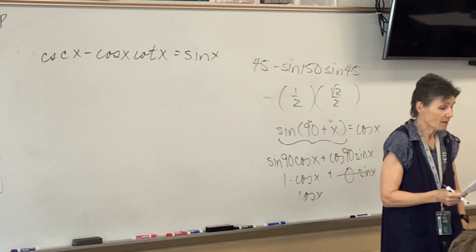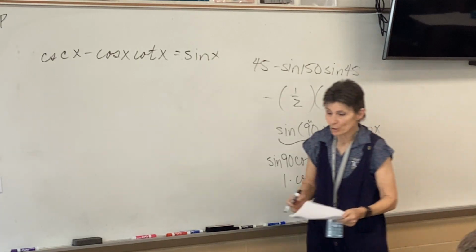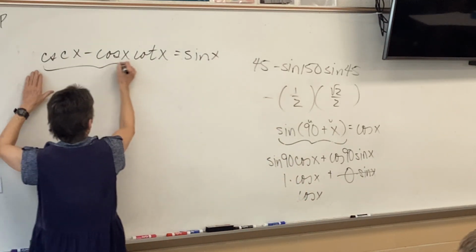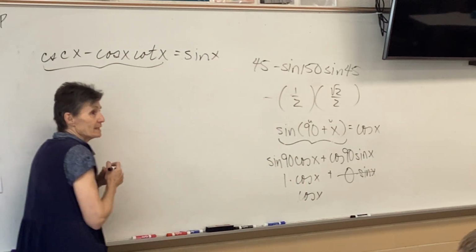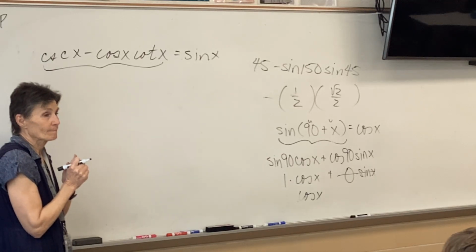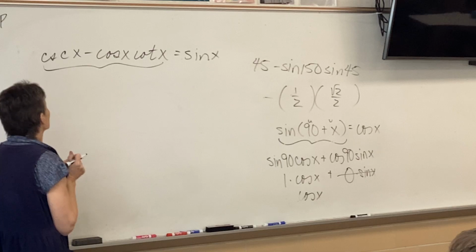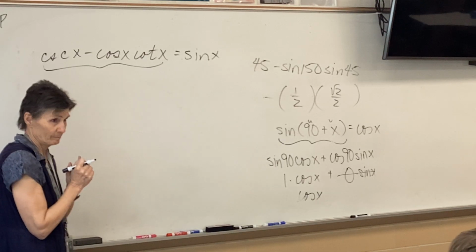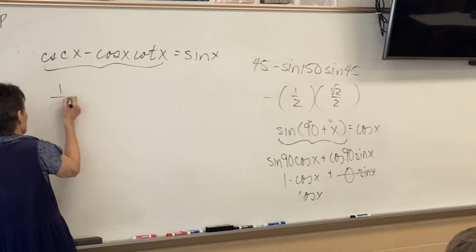Okay, this is another proof. So you are going to do something over here and hopefully end up with sine. Anybody know what cosecant is? 1 over sine. 1 over sine, perfect, beautiful.